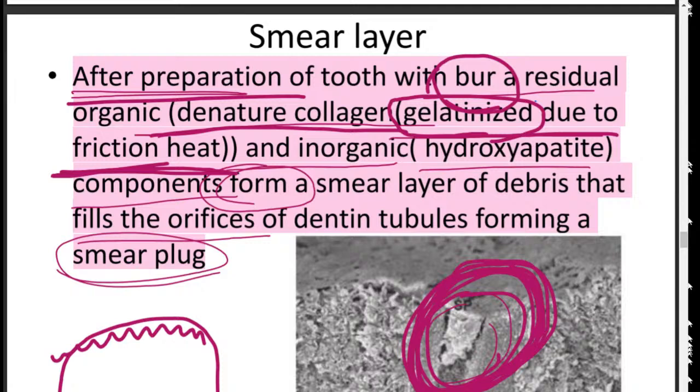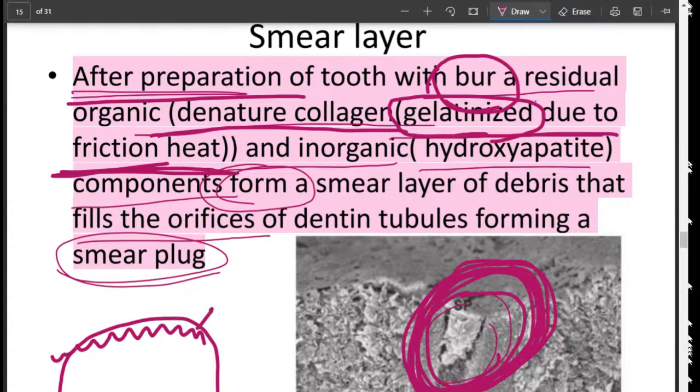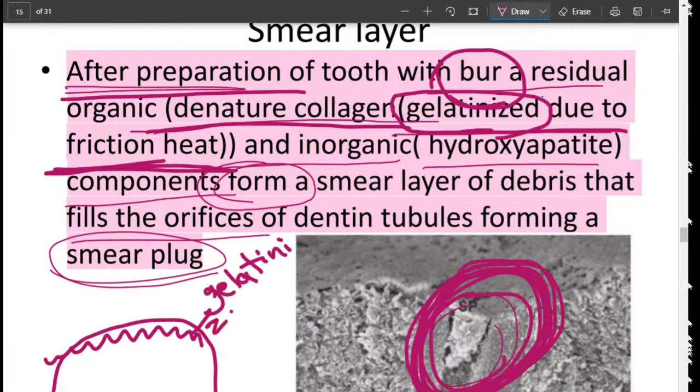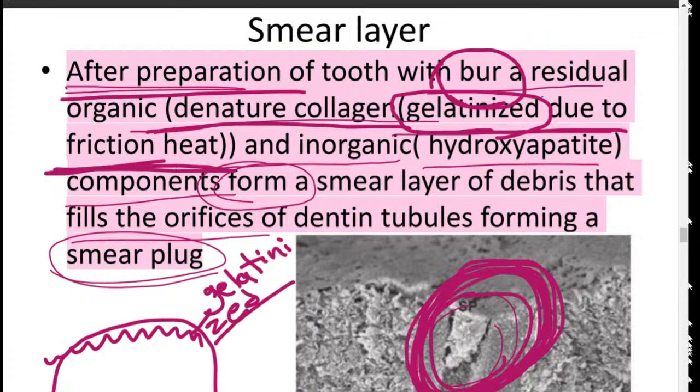This is the gelatinized dentin. And it could cause a plug that prevents the bonding material from being inserted.